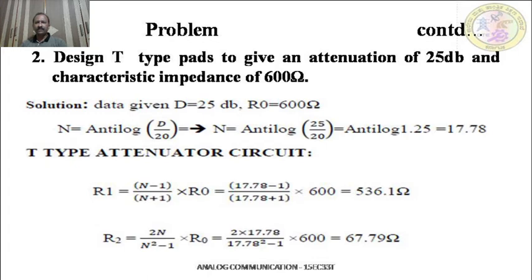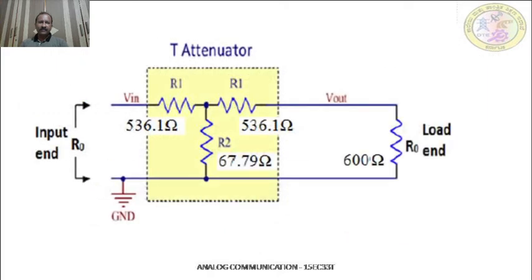That gives the n value, the attenuation value, and then substituting in the R1 expression and the R2 expression, you calculate resistors R1 and R2, and then draw the T attenuator circuit and write in the appropriate positions the R1 value, R2 value, and R0 value in the circuit.